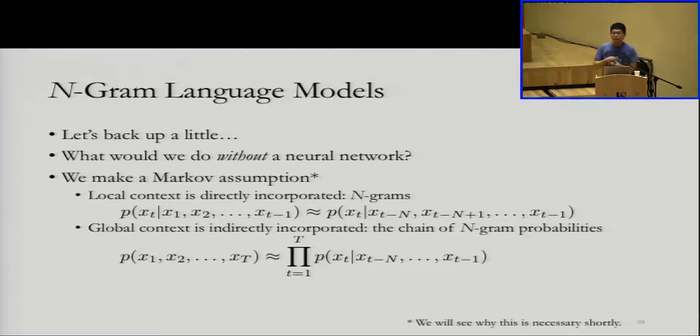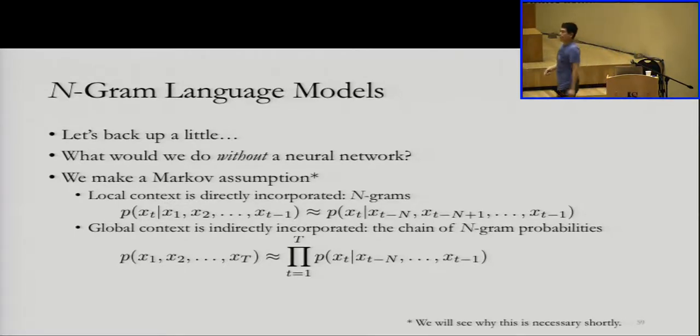The first thing that people have done, and still do, is to assume some kind of Markovian property. The Markovian property tells us that my distribution of the next, or new, value should only depend on a finite window of the previous tokens.